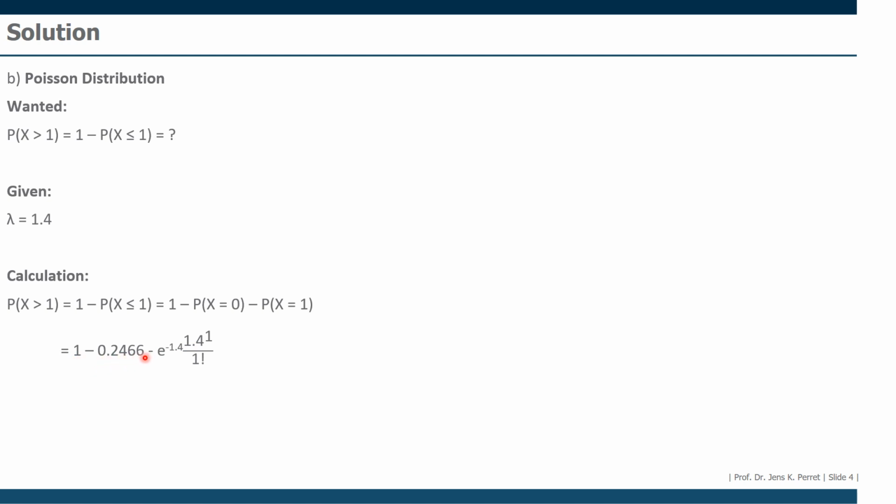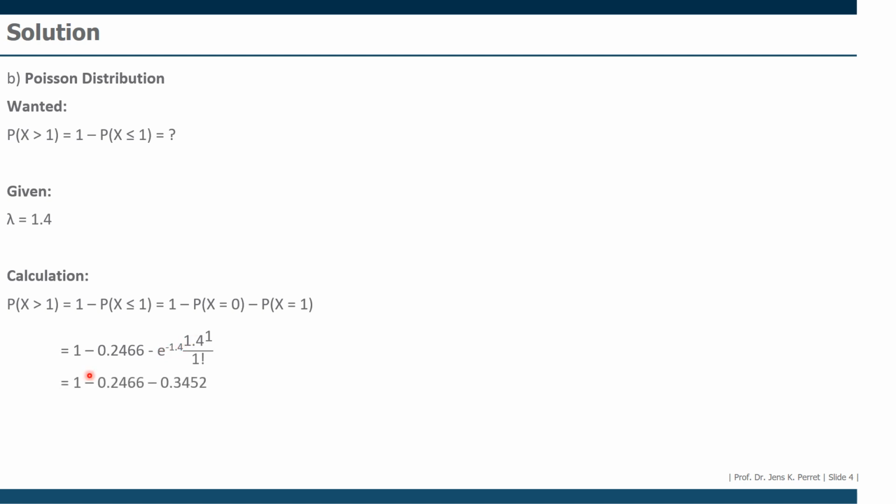So that's 1 minus 0.2466, that's from A. And here we're going to use for lambda 1.4, and for k we're going to use 1. Well, 1 factorial is 1, 1.4 to the power of 1 is 1.4, so we multiply this term with the factor 1.4.